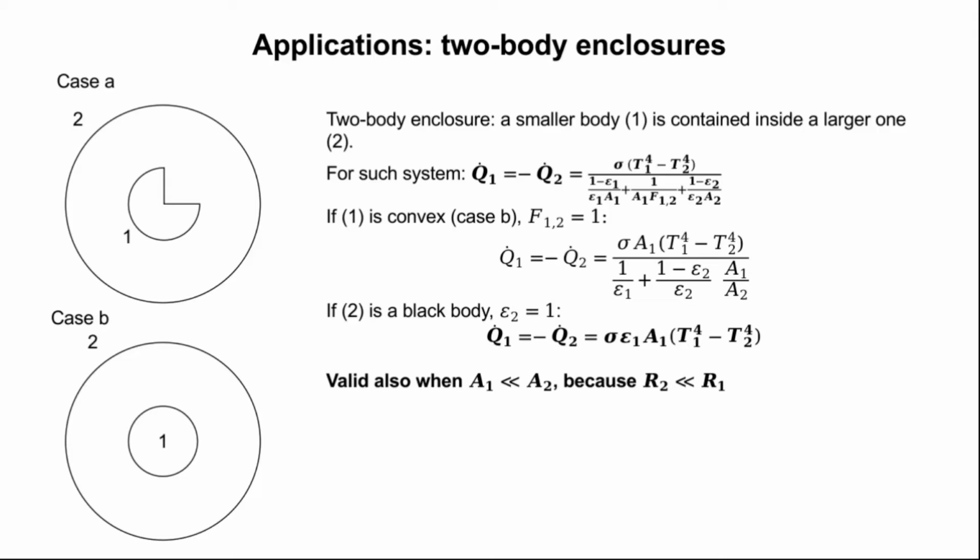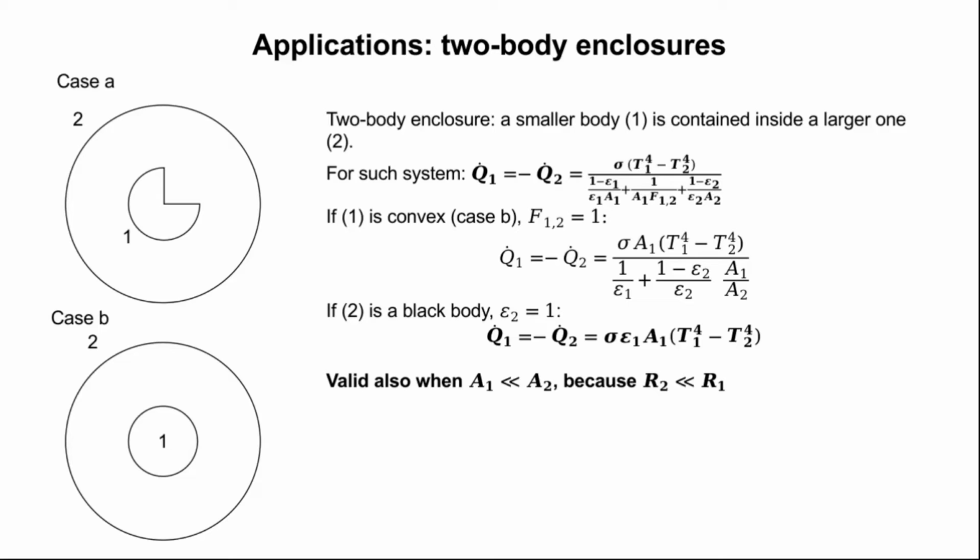If the smaller body is convex, like in case B in the figure on the left, the expression of Q1 can be simplified because the view factor F12 is equal to 1. Furthermore, if body 2 is a black body, its emissivity is equal to 1, and the expression of Q1 becomes sigma times epsilon 1 times A1 times the difference of T1 to the power of 4 and T2 to the power of 4.